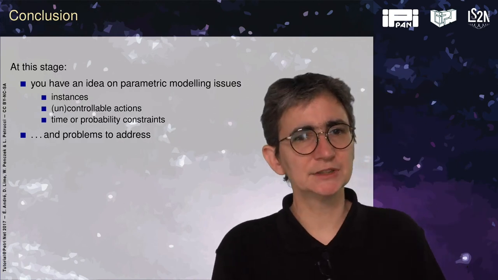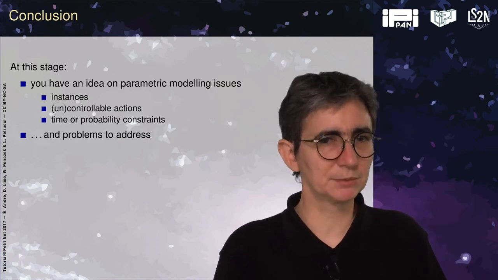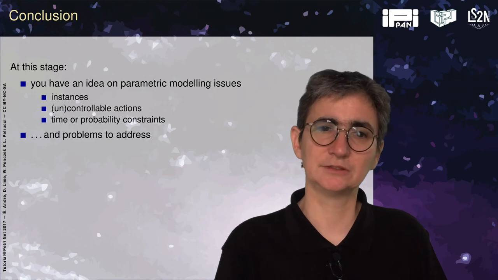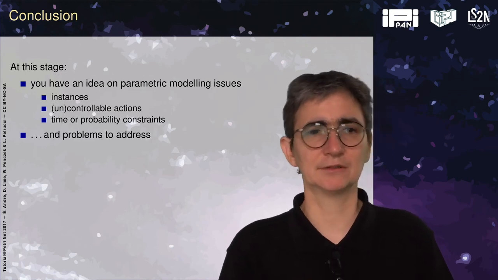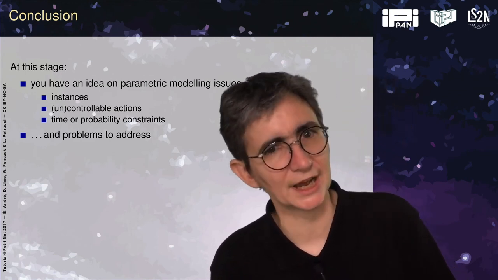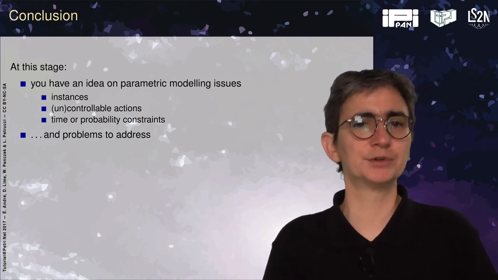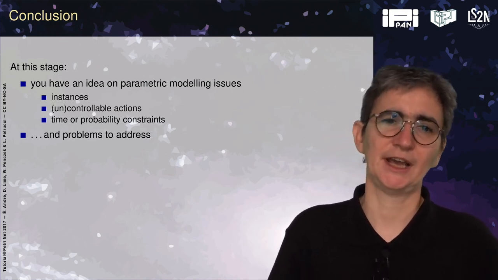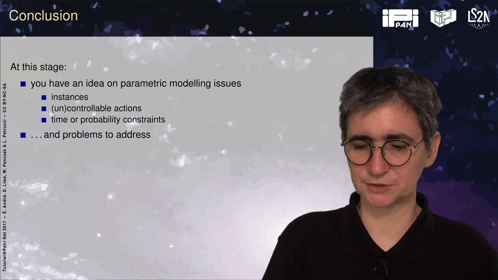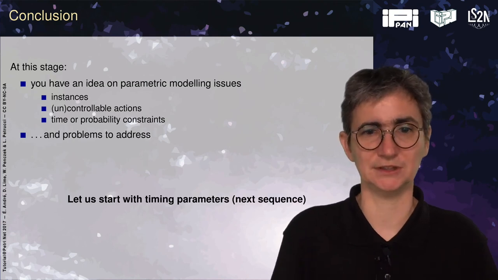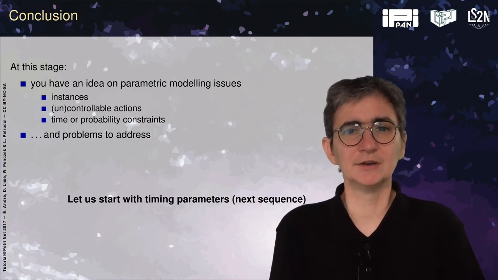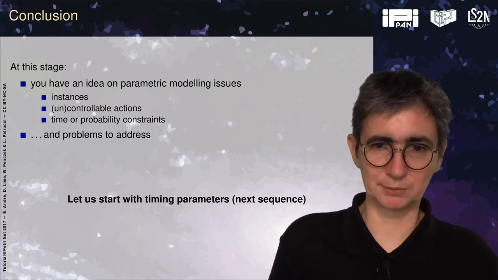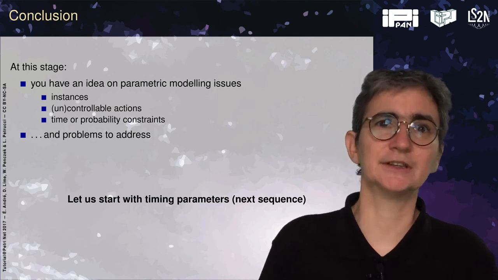At this stage, you have an idea on parametric modeling issues that consider instances, controllable or uncontrollable actions, time or probability constraints, and you know which are the problems that we would like to address using these. So let us start with timing parameters, and that is the next sequence.